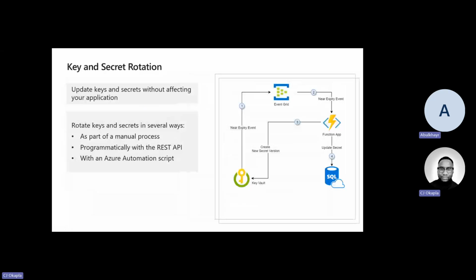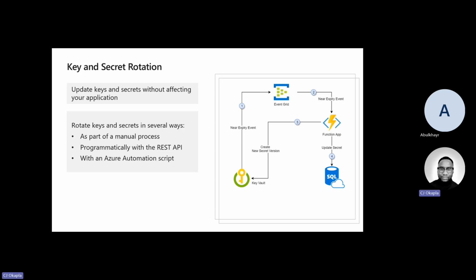So next is key and secret rotation. For instance, you can rotate the secret within a key. This is to make sure that, let's say, a previous person who had access to it will not have access to it, so you keep rotating it. You update the keys and secrets without affecting your application.